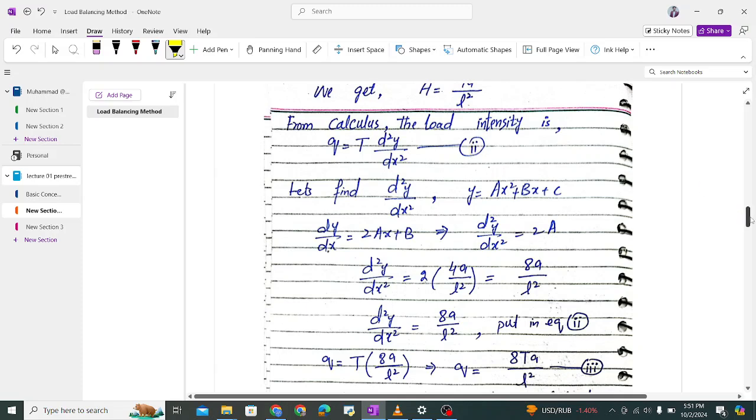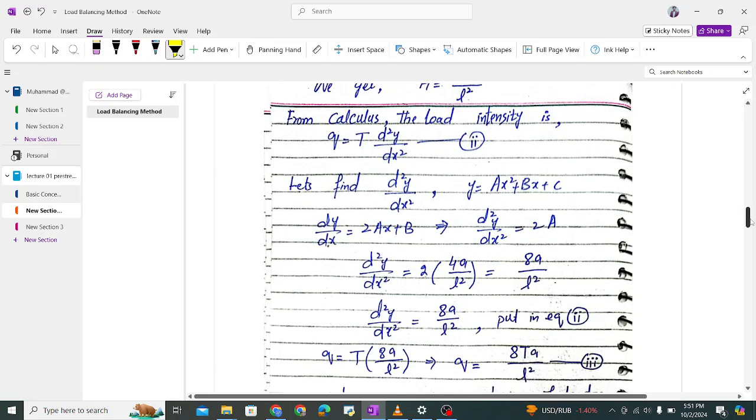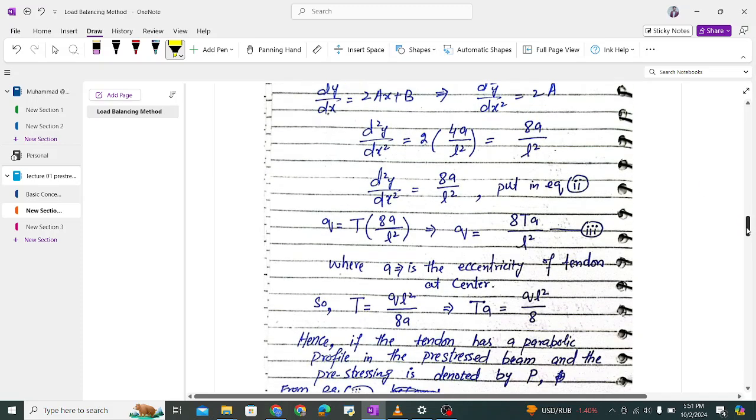By putting the value in equation 2, we got q is equal to 8Ta by L square. Here a is the eccentricity of the tendon at center.